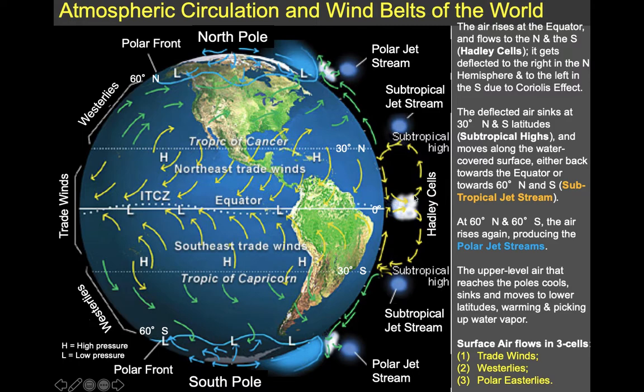So the rising air travels in the atmosphere and then starts sinking at 30-degree north and south latitudes at subtropical highs and moves along the water-covered surface of the Earth, either back towards the equatorial zone here or towards the polar regions.